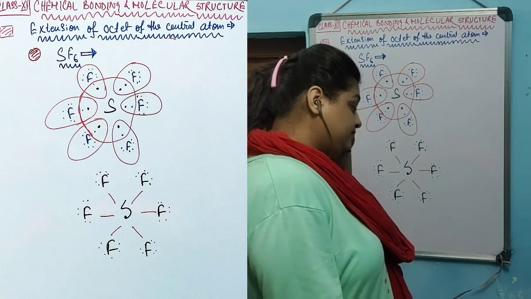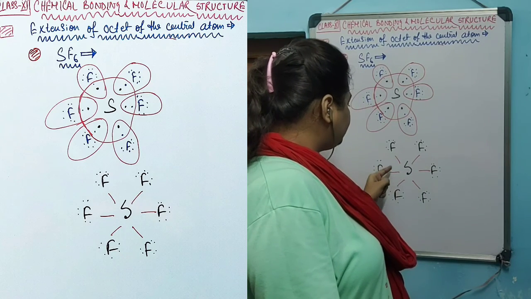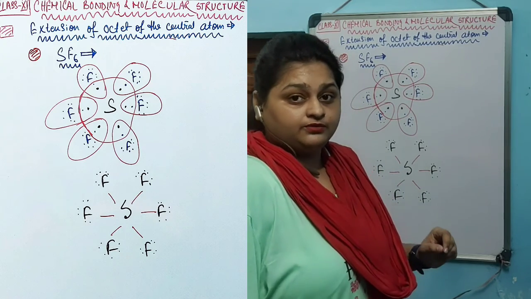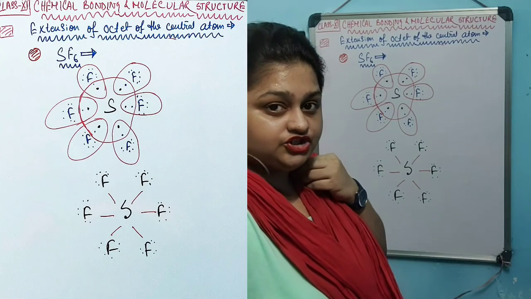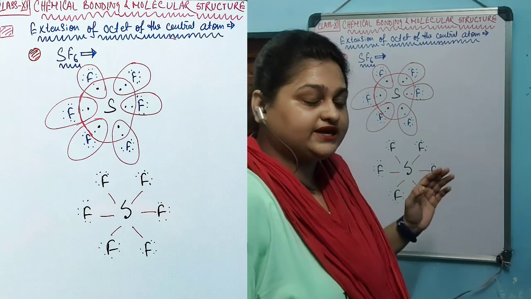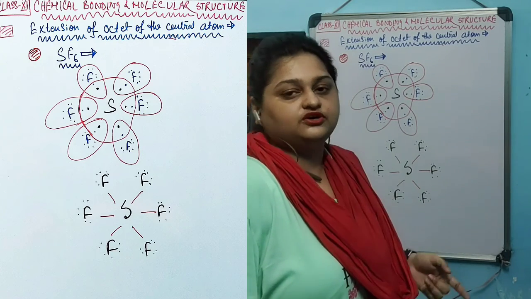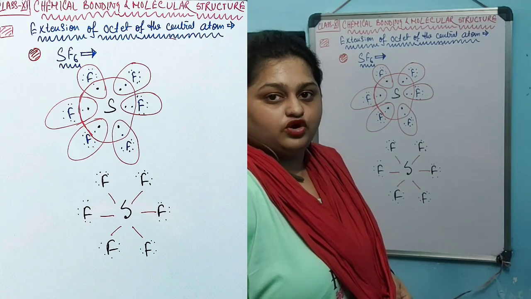But the central atom sulfur has 1, 2, 3, 4, 5, 6, 7, 8, 9, 10, 11, 12, so 12 electrons in the valence shell after the formation of the SF6 molecule. So expansion of the octet for the central atom sulfur can also be observed for this SF6 molecule.